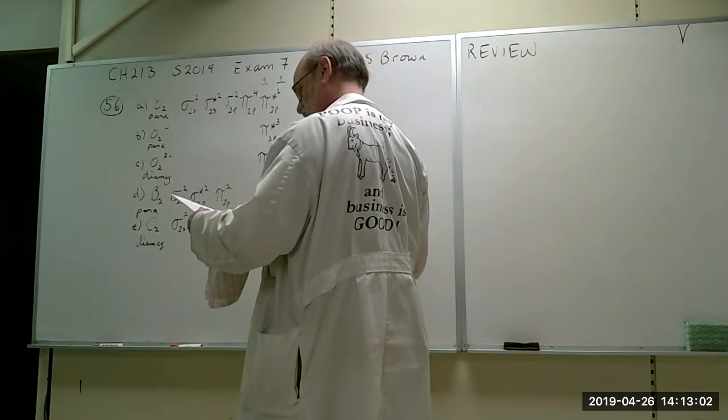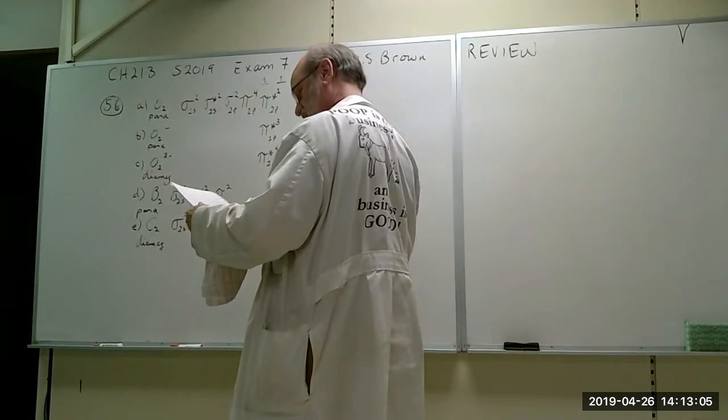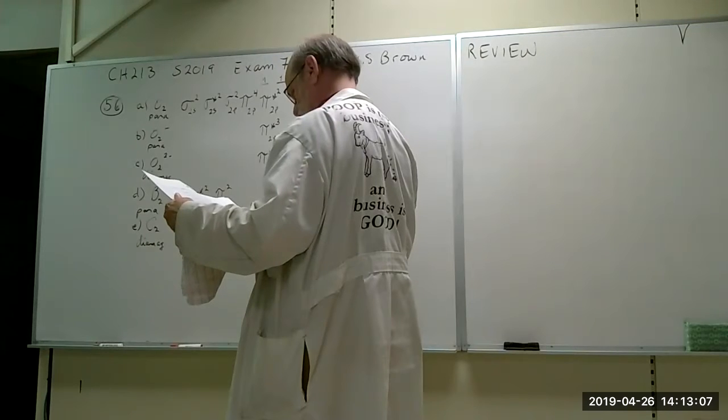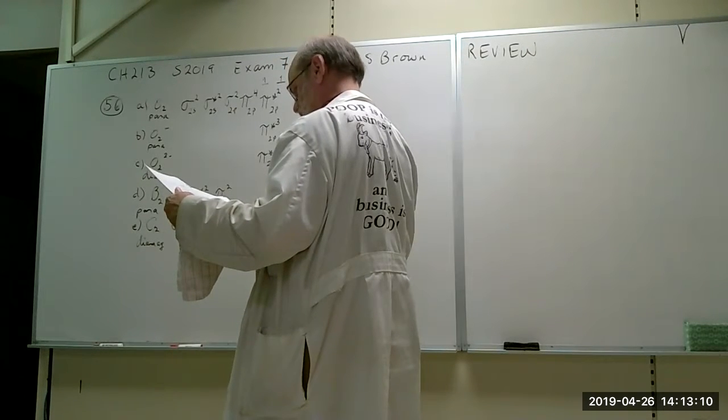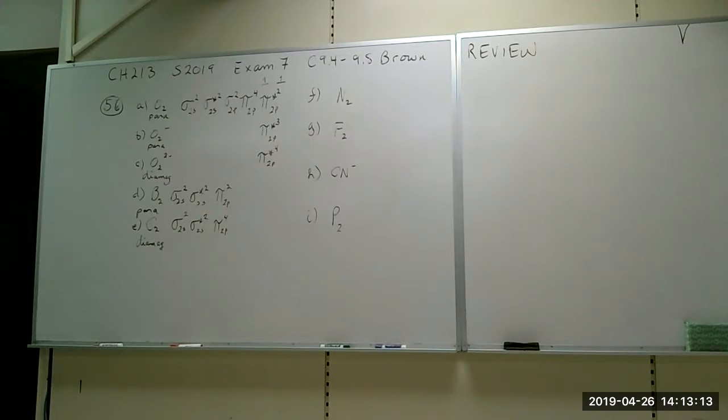CN. We did that one earlier, CN minus. Where's that? Oh, that's a mistake. Yeah, that's a typo. Number 56. Let me make a note in case. Okay, so it's not in this version. That's my key. So let me look at the review. See if it shows it for me.